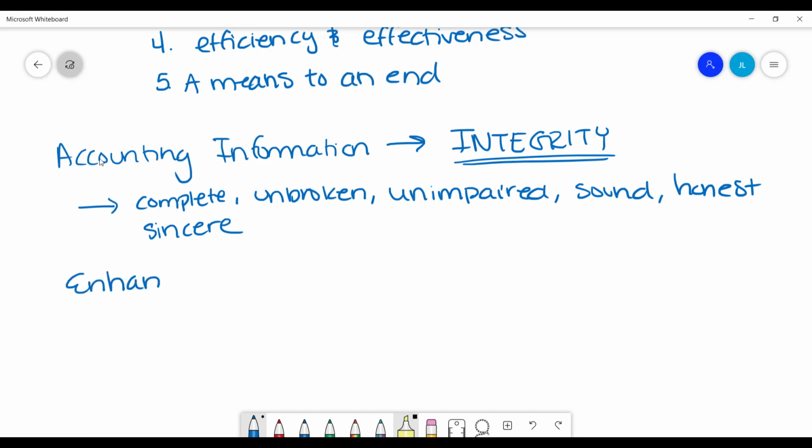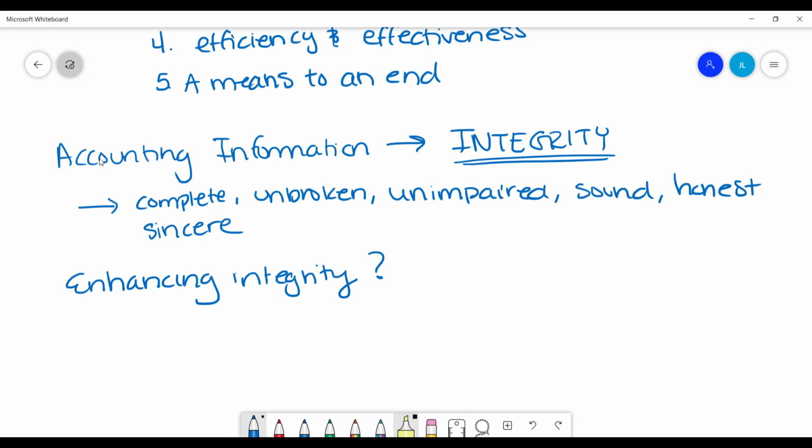How might we enhance integrity? Seems like a pretty important thing to focus on, right? Enhancing integrity of accounting information.